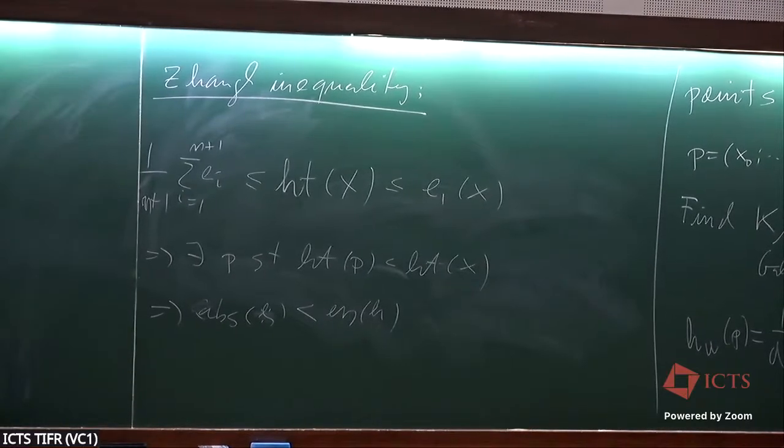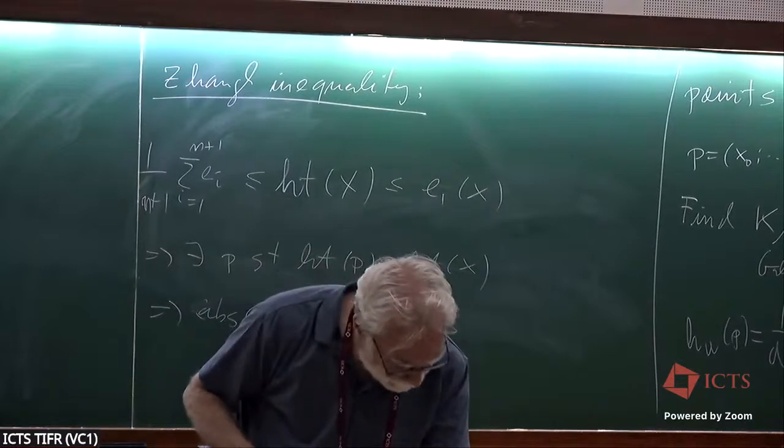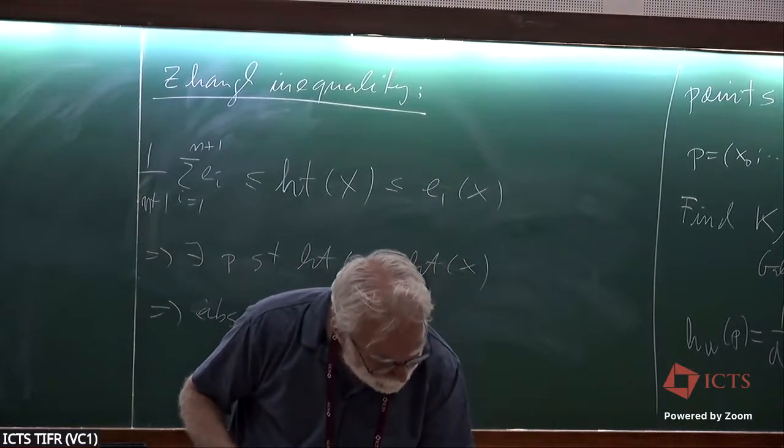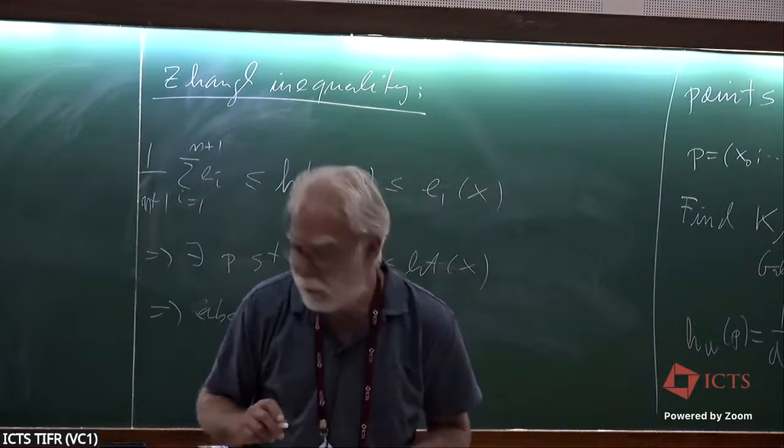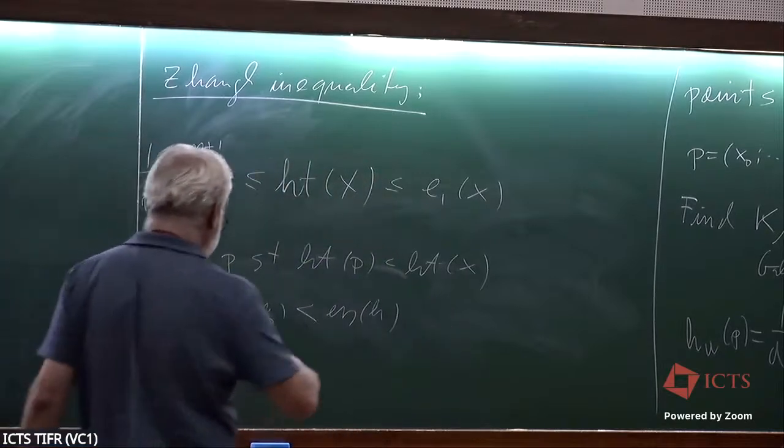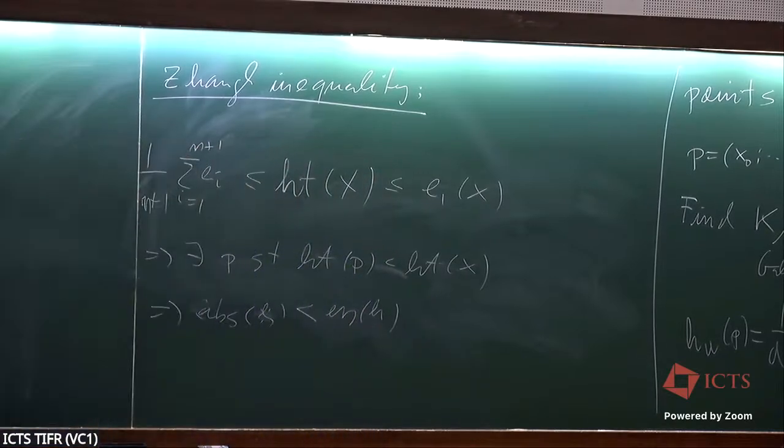Okay. Since I want to convince you that the essential minimum is important, let me explain to you a theorem where this essential minimum appears. And this is the so-called Bogomolov conjecture. Okay. So remember Mordell's conjecture.